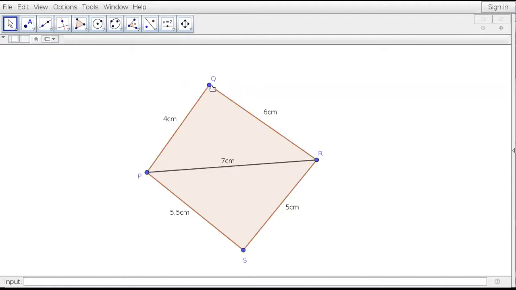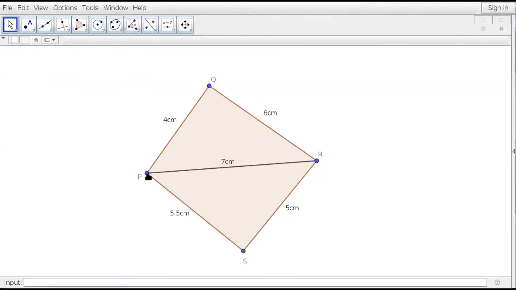Now I have to locate the point Q. That will complete my triangle PQR on the top of PR. So what should I take? I should keep the compass at P and take a radius of 4 centimeters and cut an arc. Then I will go to point R with R as center and radius 6 centimeters, and I will cut another arc.